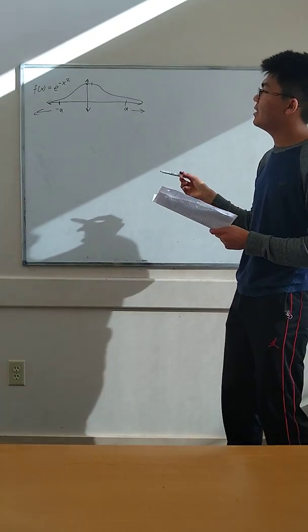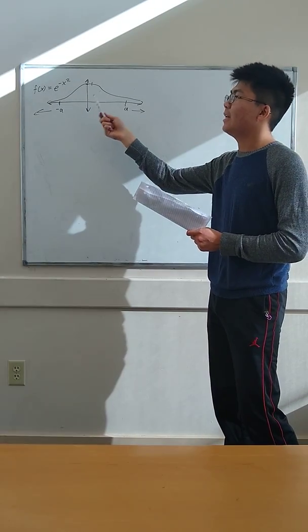So in this case, this is the graph of e to the negative x squared.